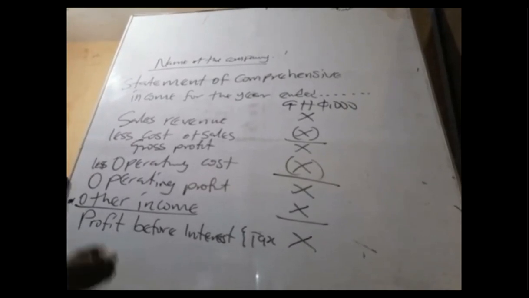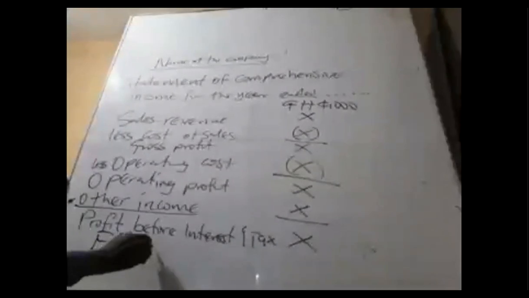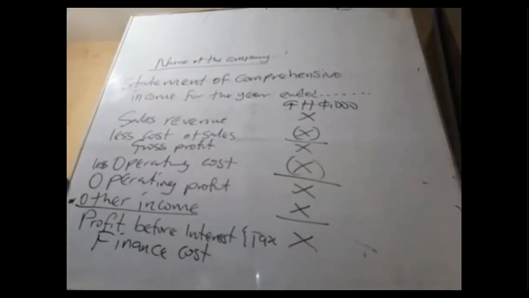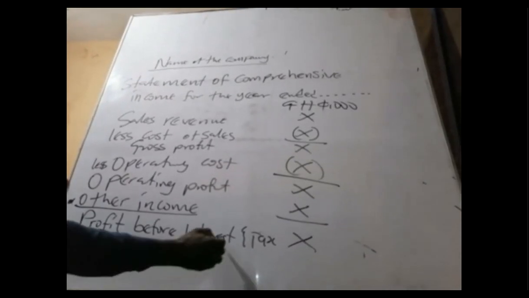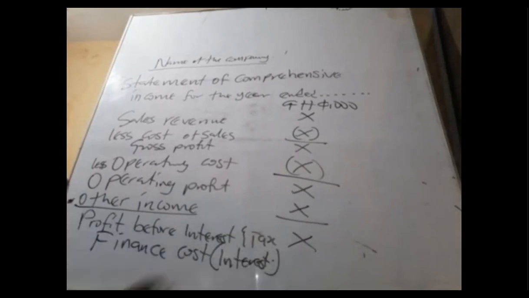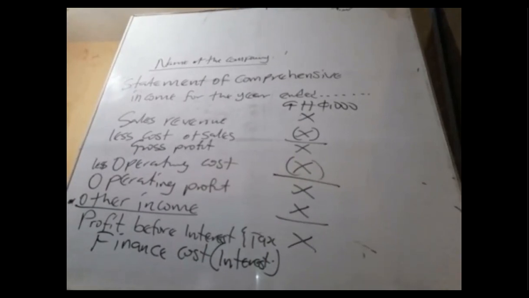And we have a nice name for it. We call it finance cost or interest expense. Finance cost. Or just call it interest expense. The interest expense, and that is the finance cost. Finance cost is the interest expense.